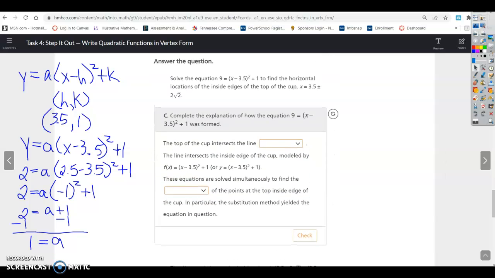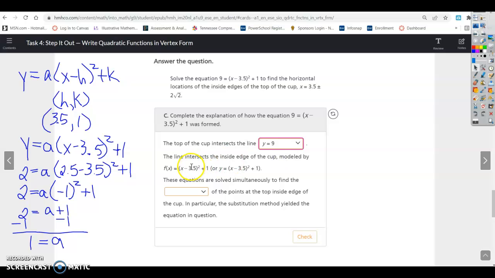All right, so it says complete the explanation of how the equation 9 equals this was formed. The top of the cup intersects the line y equals 9. The line intersects the inside edge of the coffee cup modeled by the function f of x, or this function here, and the only difference is function notation or not, but it's still the same function, just written a little differently.